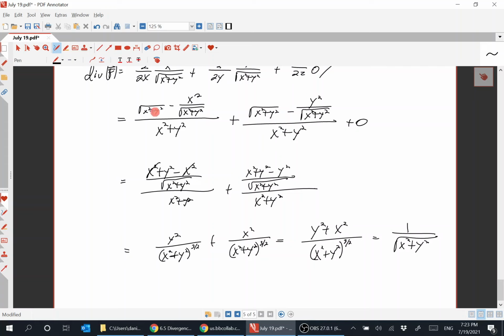Oh, I added these. I forgot to add that. Yeah, this step wasn't right here. So this is 2.